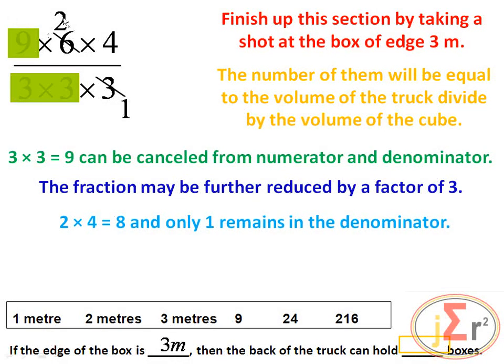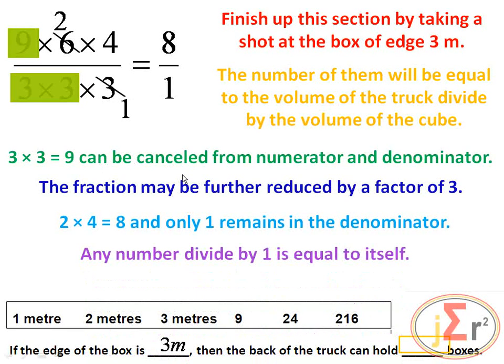That is what we have here. 2 times 4, that's equal to 8. And in the denominator, we only have 1 remaining. So we have 8 over 1, and any number divided by 1 is equal to that same number. So right there, we will put 8 boxes.